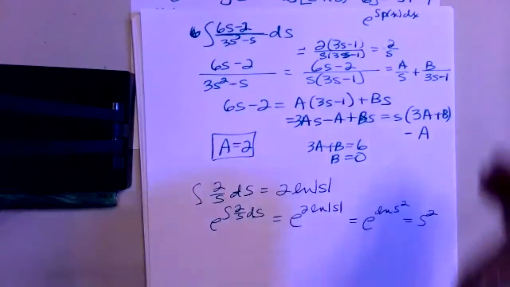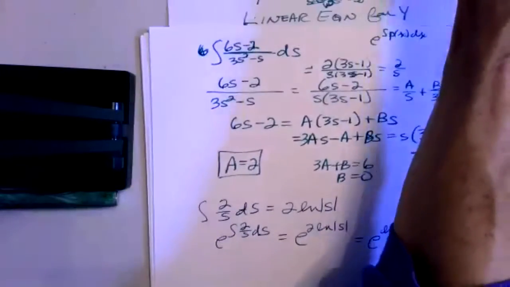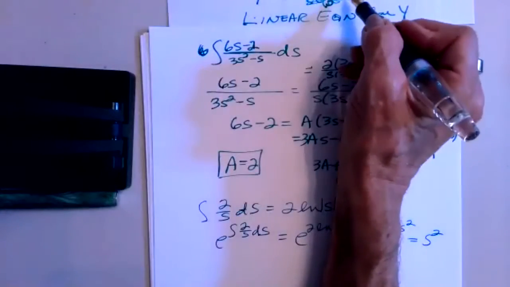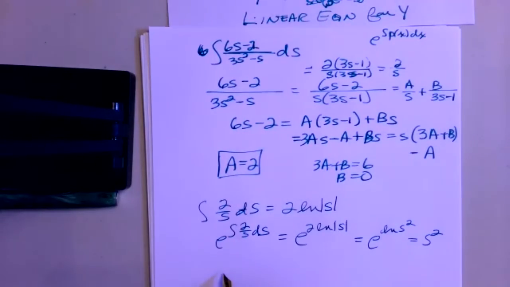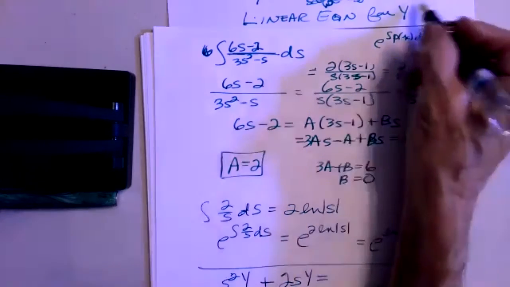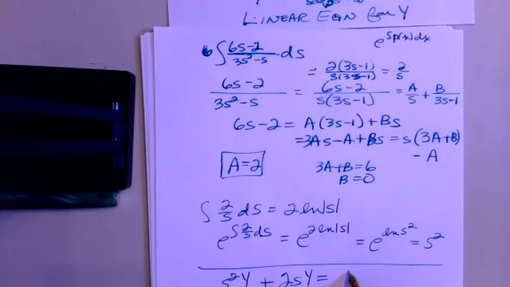Now we go back to our equation for Y, and remember, the coefficient here is just 2 over s. So you multiply by s squared. You have s squared Y plus 2 over s times s squared, which is 2sY, equal to s squared times the left-hand side. That will give me a 6s minus 18s squared.